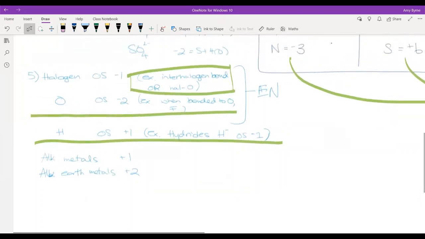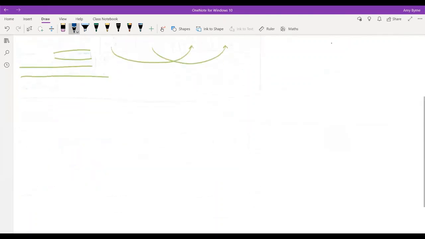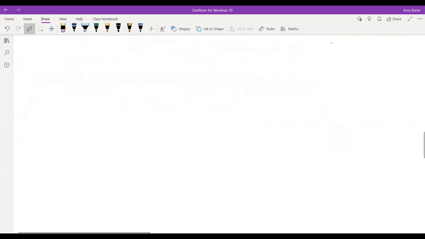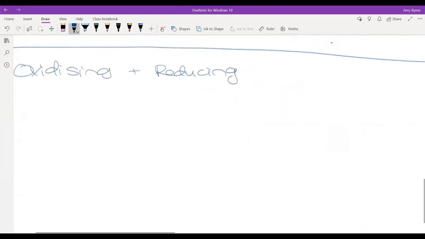So let me just mark off some space for us, and I will talk about oxidizing and reducing agents.